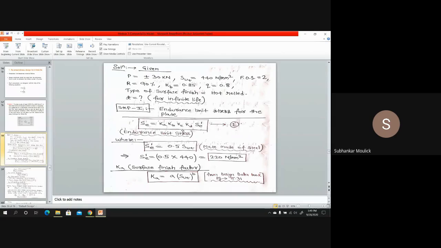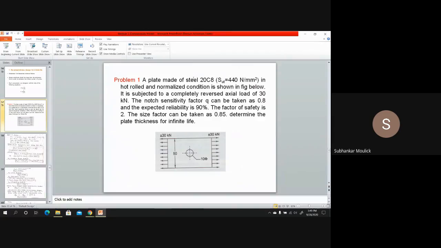I know Kc is the reliability factor. So by reading this question, can I find out the value of Kc? Using which equation can we find the value of Kc?